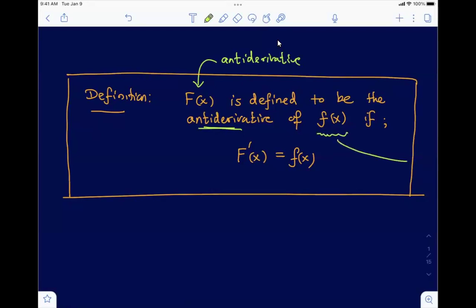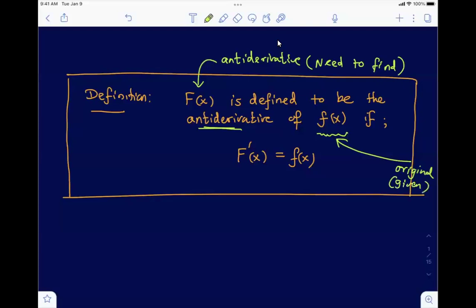This is the original. So when the original function lowercase f of x is given, the uppercase F of x is the function that we need to find.